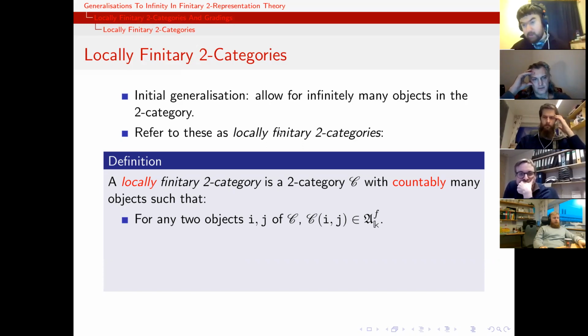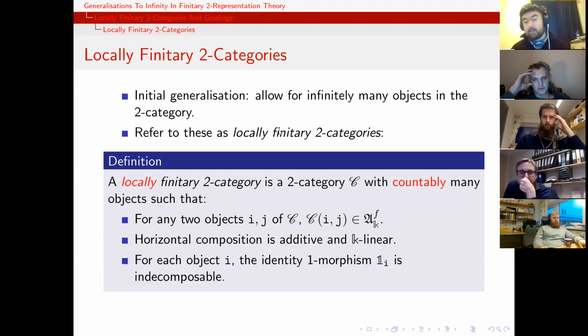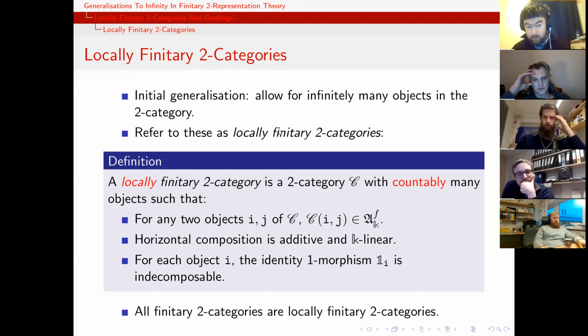The hom categories are finitary categories. The horizontal composition is still additive and k-linear, and the identity one morphisms are still indecomposable. In particular, when I say countably, I am allowing for either finite or countably infinite. So all finitary two categories are technically locally finitary two categories.